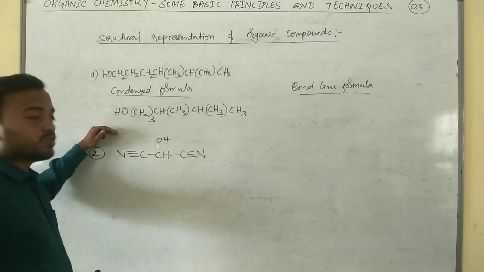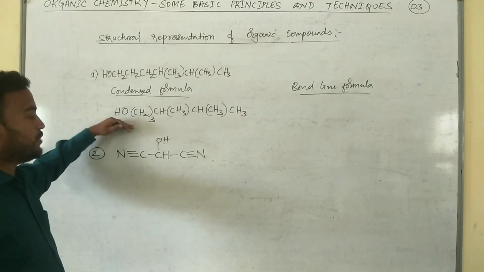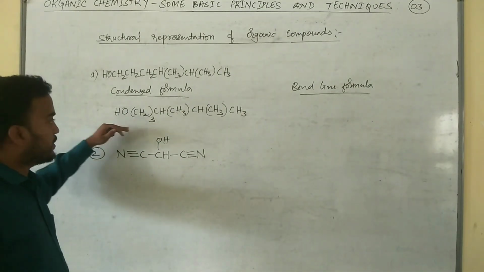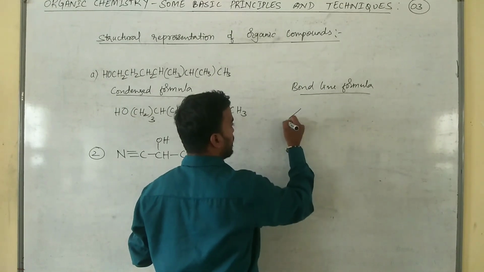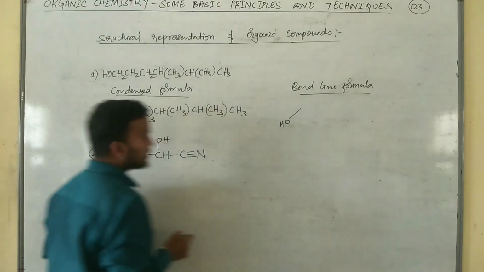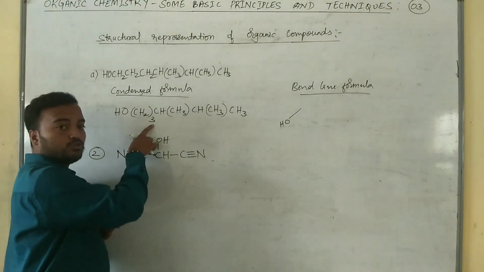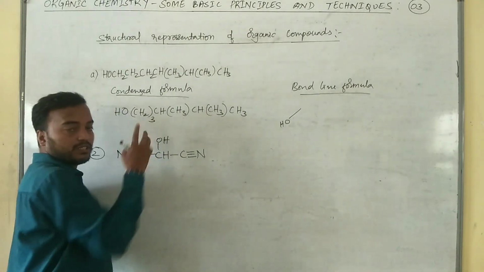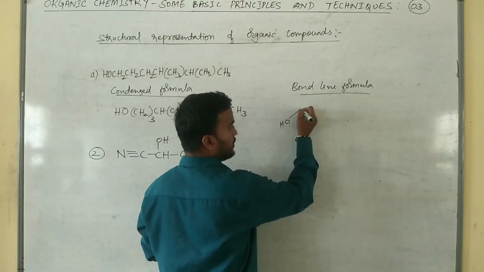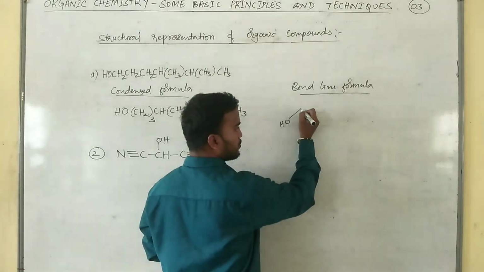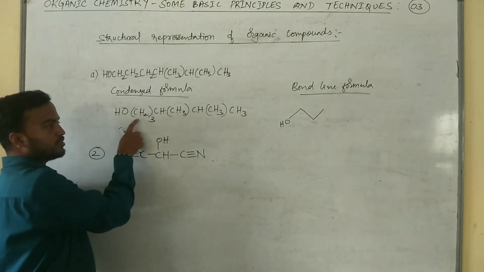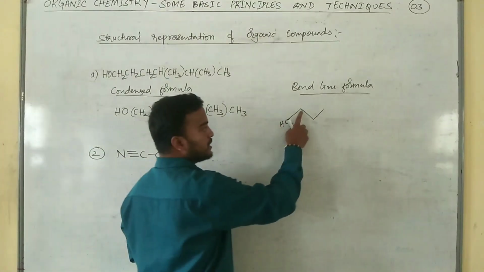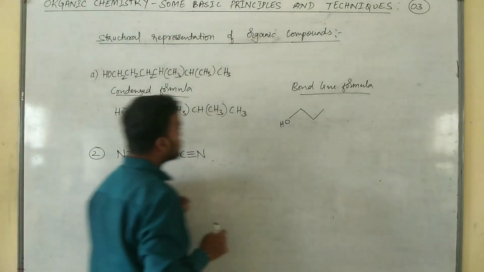And we have to write the bond line formula for this condensed structure. So we have OH. I will represent OH here. Then CH2 thrice. How many times is CH2 present? 3 times. OH is done, then CH2 CH2 CH.